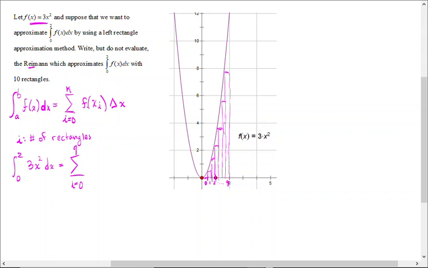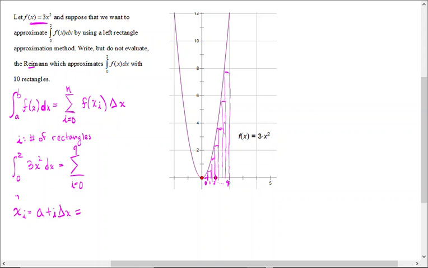And now I have to find f of x sub I. Well, what is x sub I? x sub I is typically, well, the formula for it is a plus delta x. Actually, let's put an I in front of that. A plus I delta x.